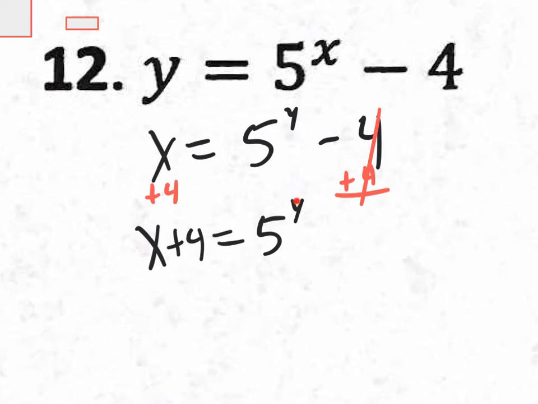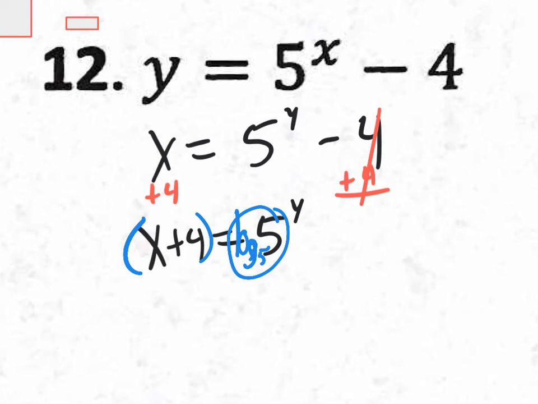So I still need to get this y down from the exponent. How do I get the y down from the exponent? Apply a log base 5, right? Now I am going to do a log base 5 of 5, which will eliminate, but what I do to one side I must do to the other. And notice that on the left side I actually have a binomial x plus 4.